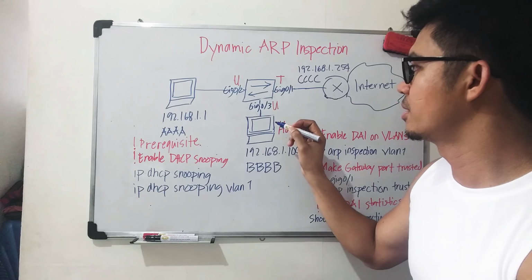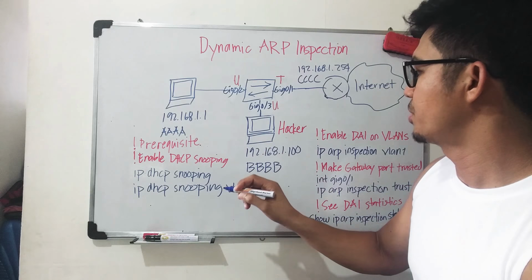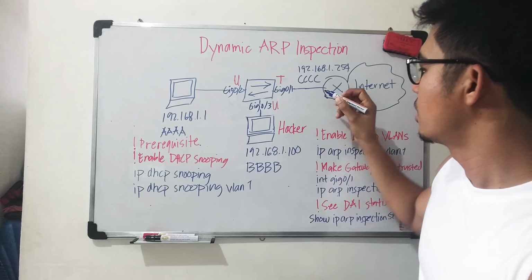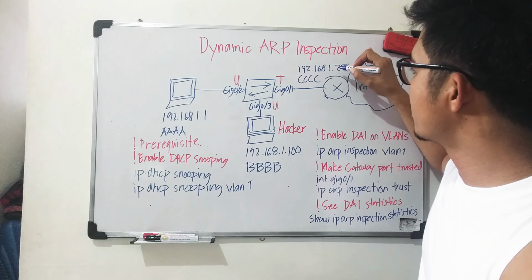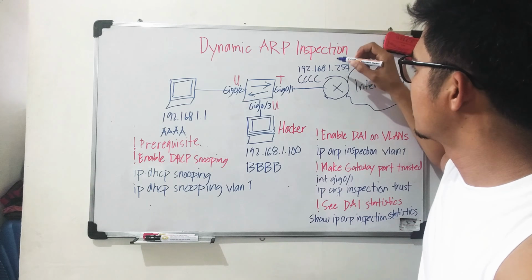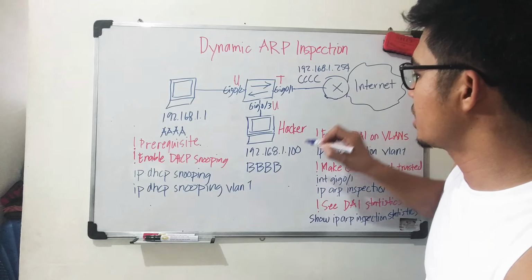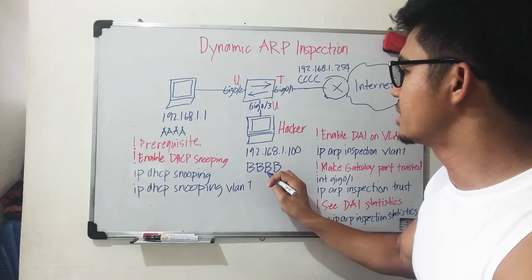In that ARP, it will have this IP address here. It will have a MAC address of all Bs.